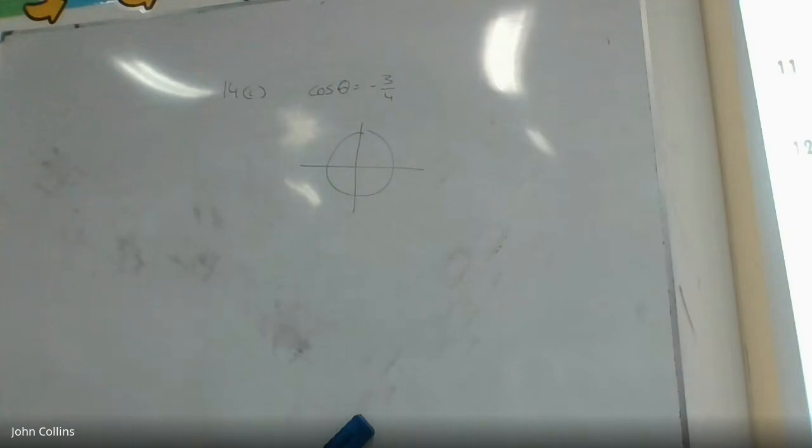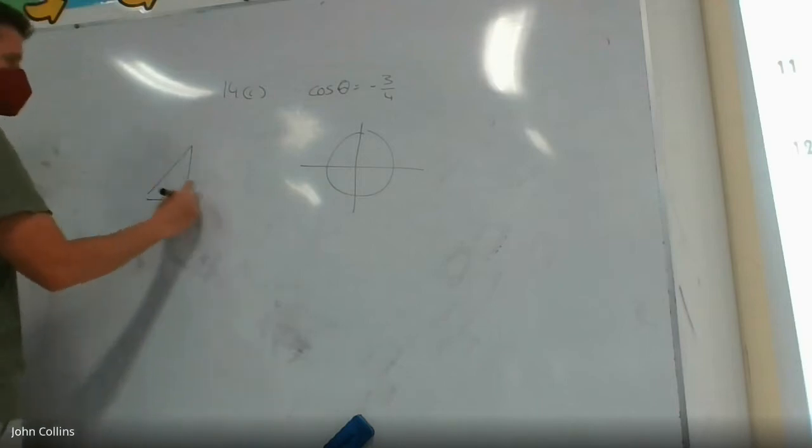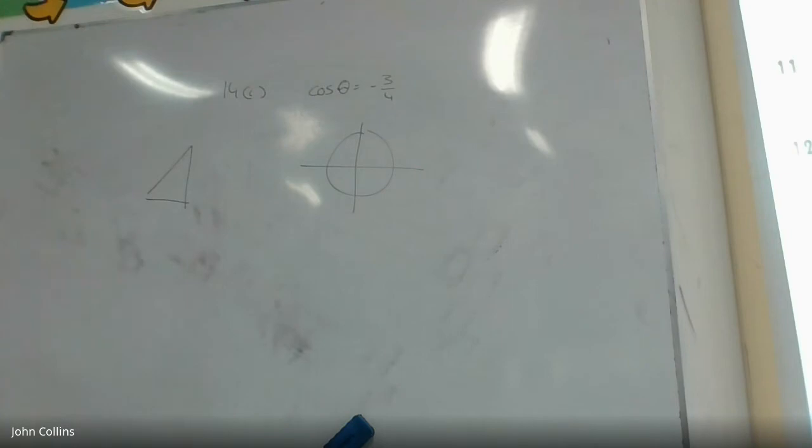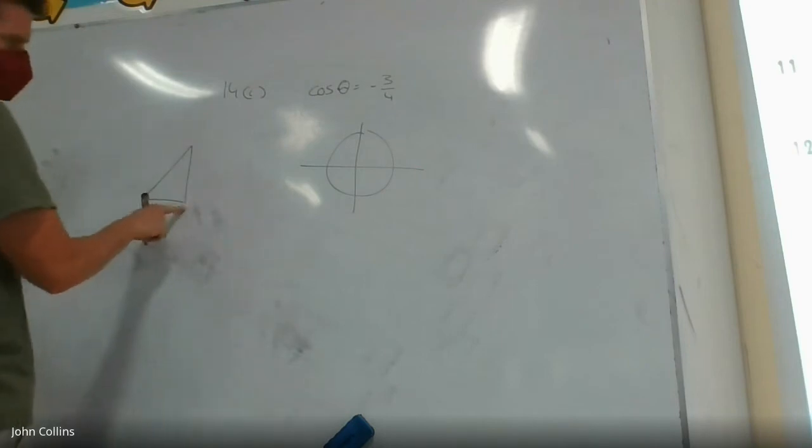So we're going to have to find the angle. Any idea how we go about this? The rest of you must have got it. Draw a triangle. Good place to start, yeah. So if you're not sure, you have to find sine. No, it's still cosine. Okay. Draw a triangle.